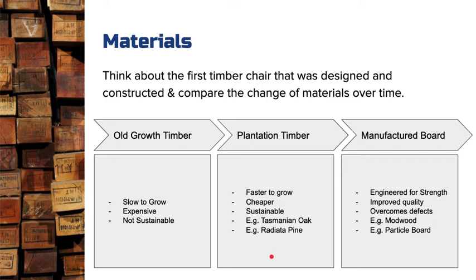Modwood is a timber product that's made of little bits of timber and little bits of plastic. They use it a lot in decks. Particle board or chipboard, plywood, MDF, hardboard, these are all examples of manufactured board. They're cheaper and stronger. It's a development that has happened to improve things in the timber industry.